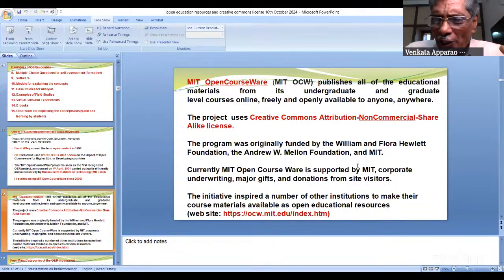But how long will the philanthropy, the foundations fund? Now, in 2001, when it was launched, these two foundations and MIT together launched it.